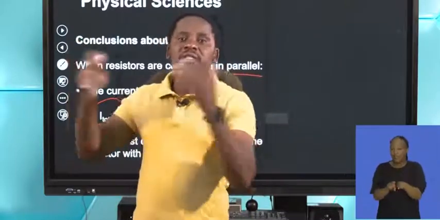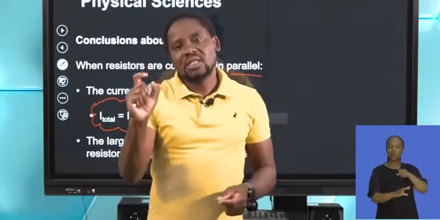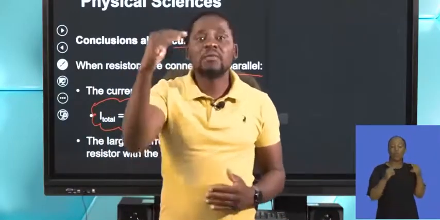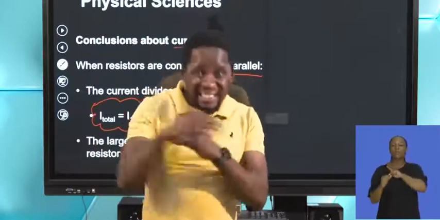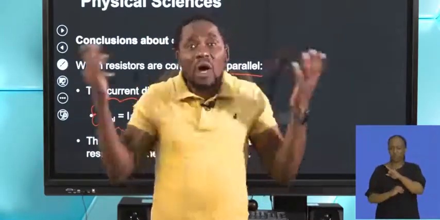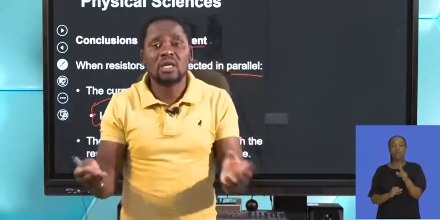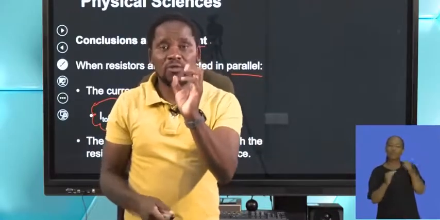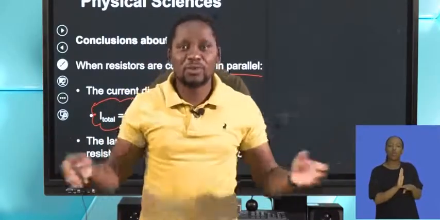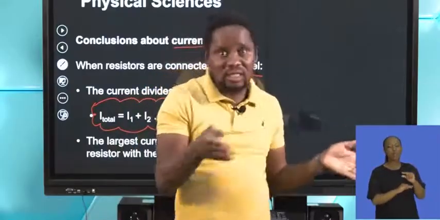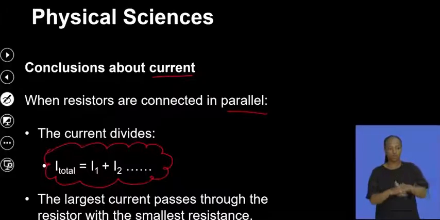Conversely, we are also saying, in a different way, that the resistor that has the smallest resistance in the parallel combination will have the greatest current passing through it. Why is that so? Because the smaller the opposition to the flow of charge, the greater the flow of charge, because there's actually lesser resistance. That's the main thing about the current.